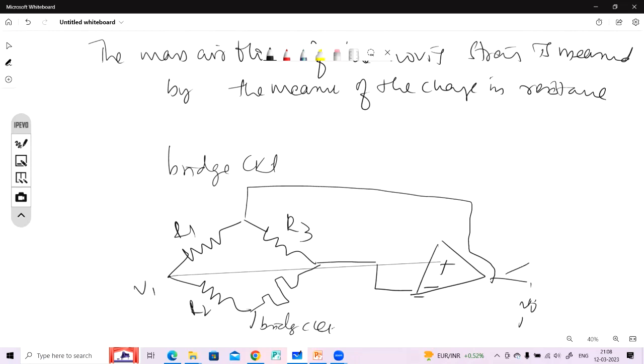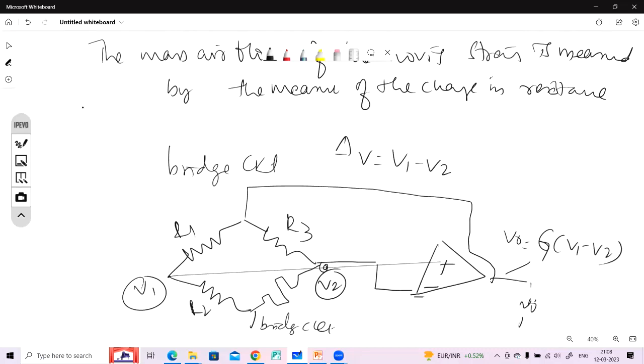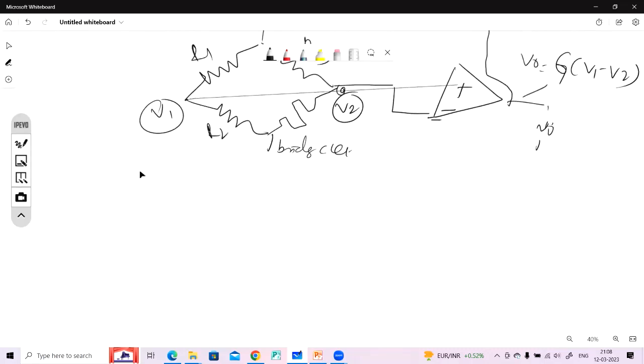So here V naught is equal to G of V1 minus V2. This is V1, this is V2. Okay, so delta V equals V1 minus V2, a small change with respect to that bridge circuit.